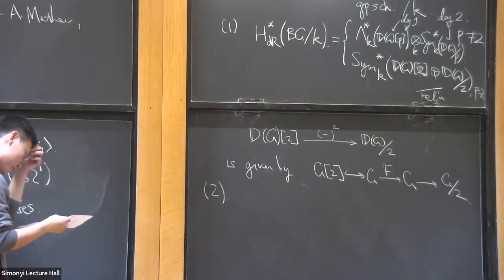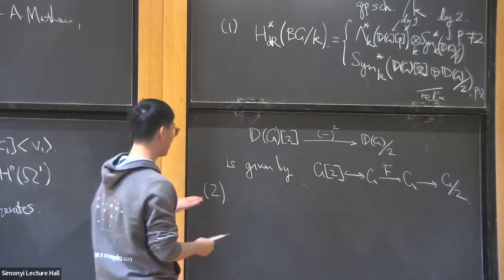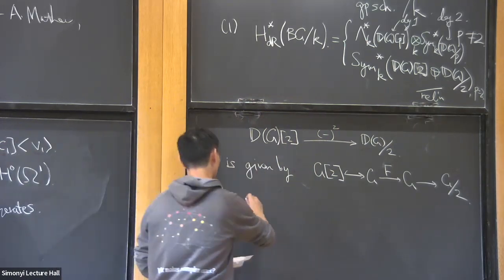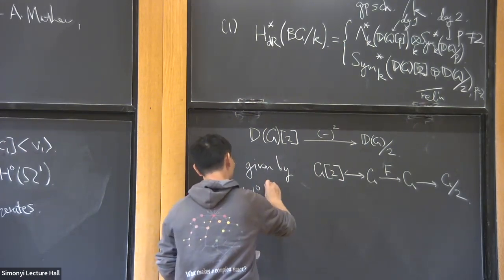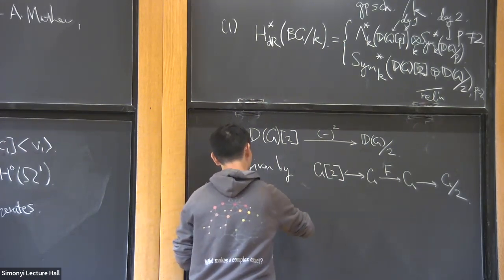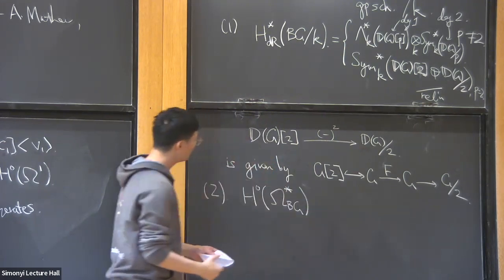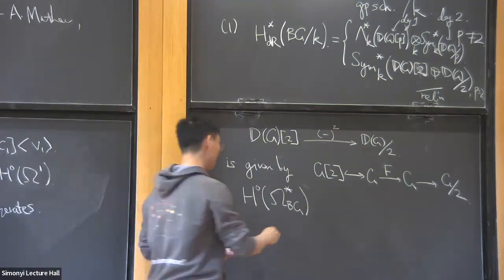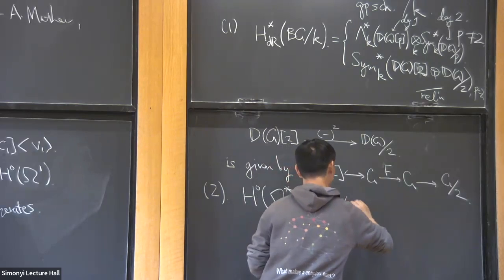Secondly, we also look at Hodge cohomology, and here's some weird thing. So first of all, if you look at the global forms on BG, it turns out that this is just the exterior algebra of global one forms on BG.